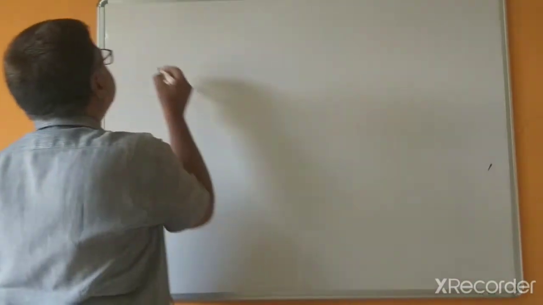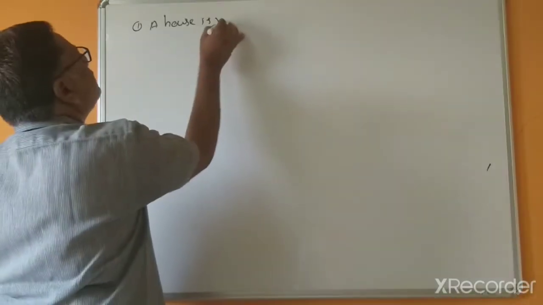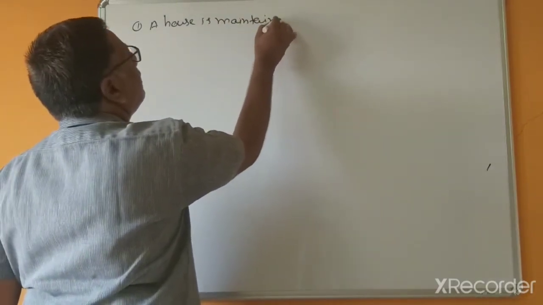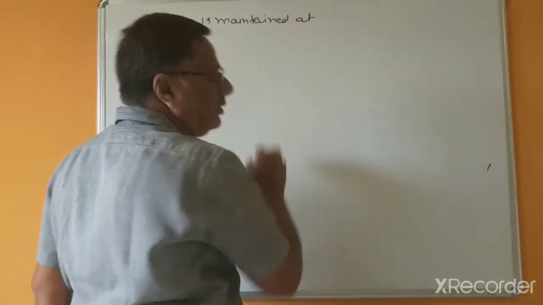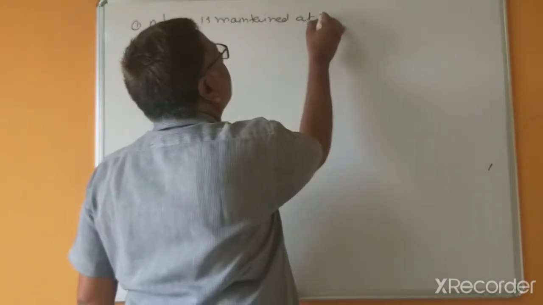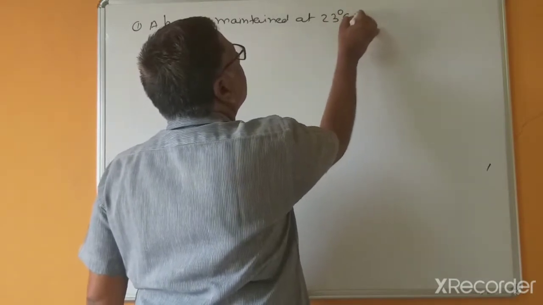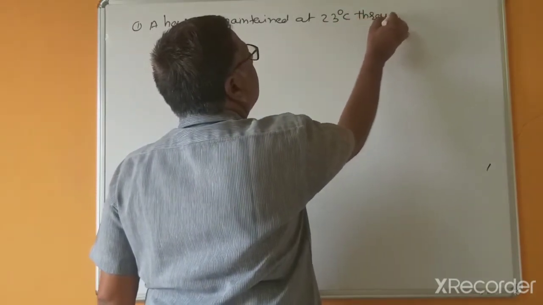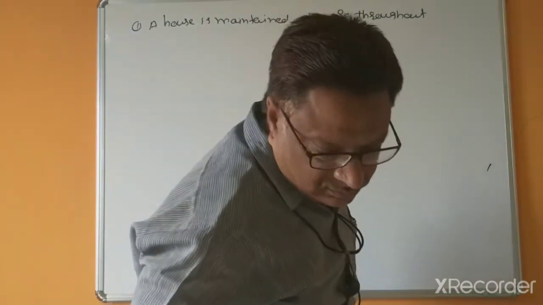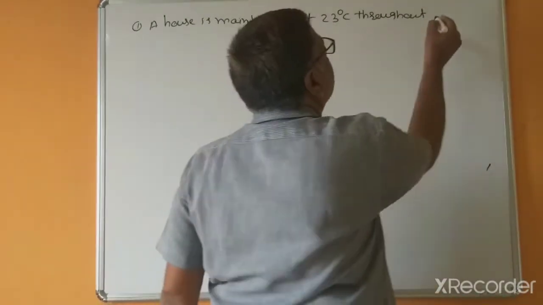First problem: a house is maintained at 23 degrees centigrade throughout the year.